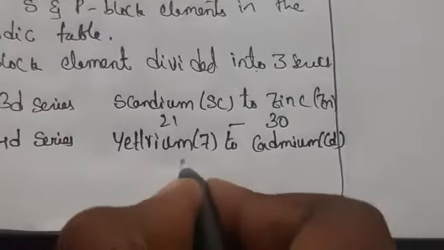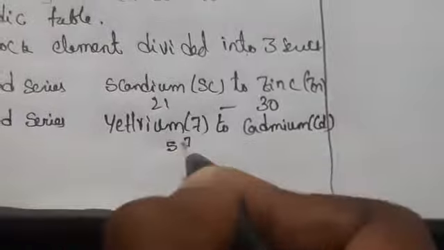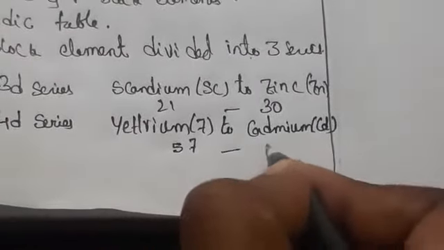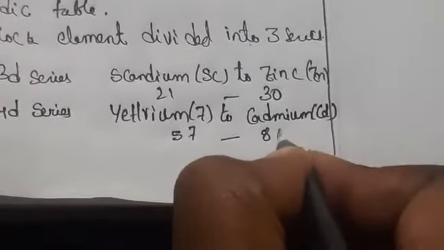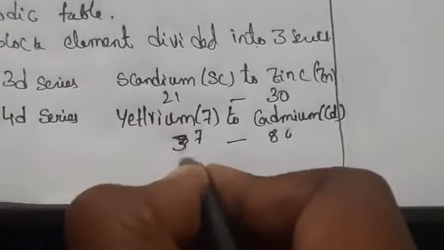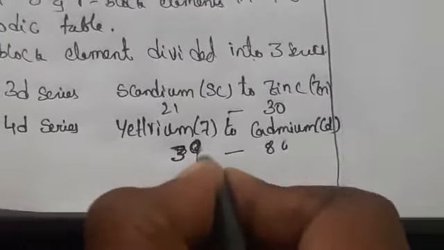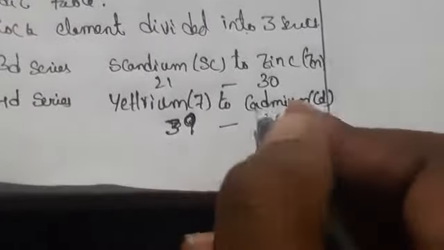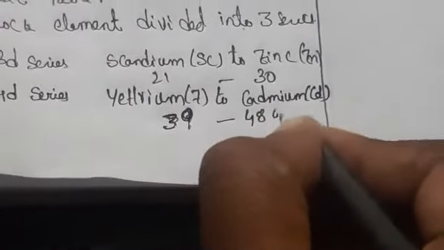So it has atomic numbers 39 to 48. Cadmium's atomic number is 48.